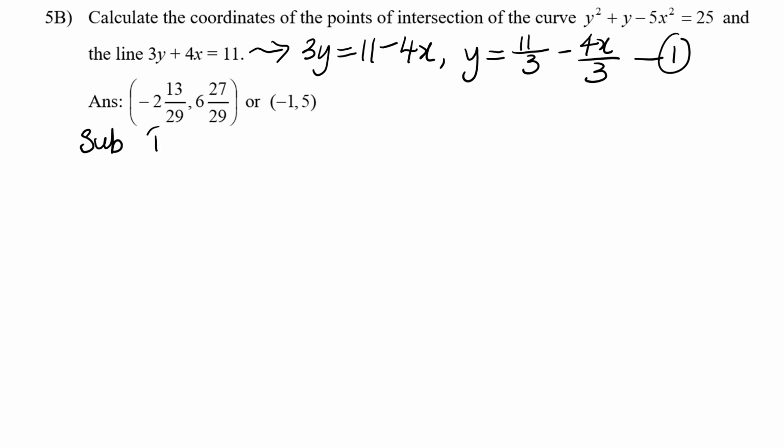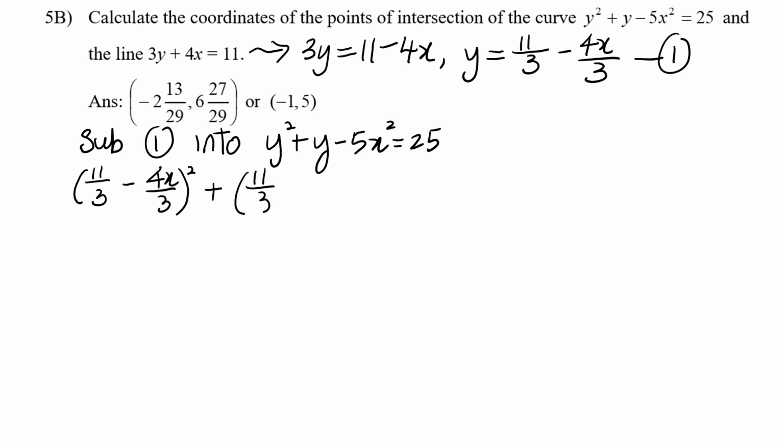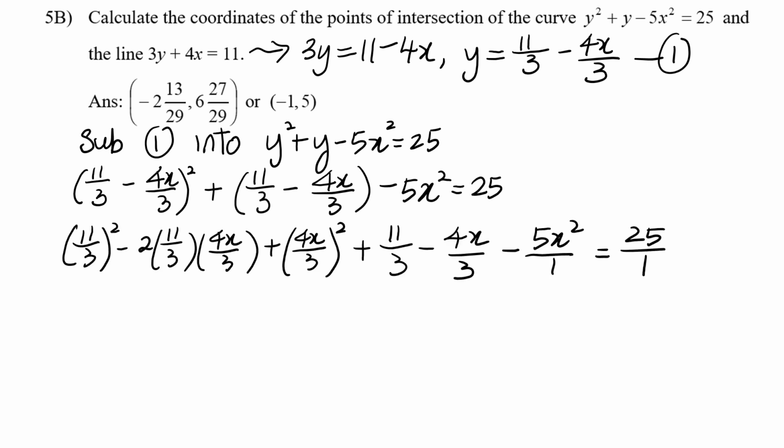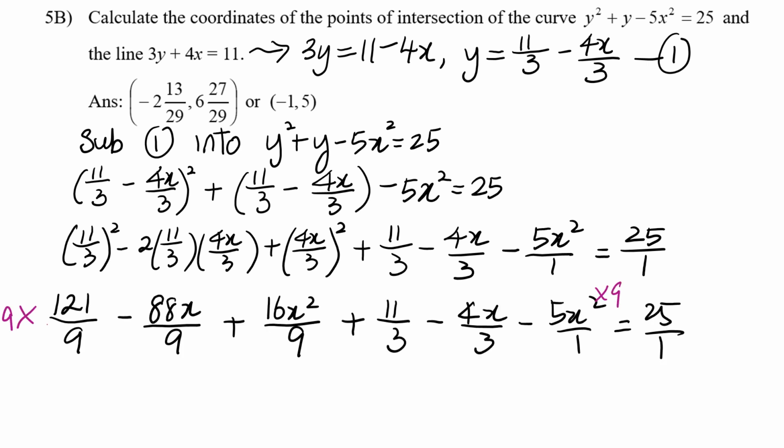Substitute it into the curve. Then you have to expand it very carefully using your algebraic identity. You see that I actually make everything a fraction: 25, I write as 25 over 1, and 5x squared as 5x squared over 1, because making everything fractions is easier to manipulate.